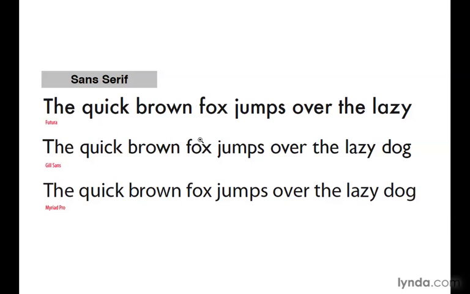Futura is distinct from Gill Sans in that it is considered to be a geometric sans serif, whereas Gill Sans maintains the proportions of the old style fonts that we saw earlier and is thus considered to be a humanistic sans serif.